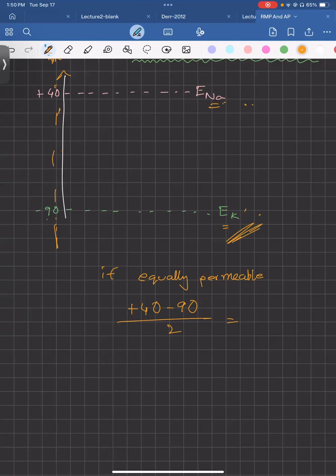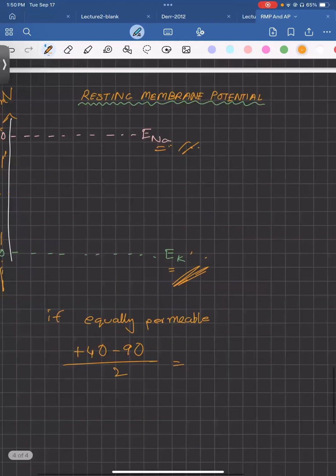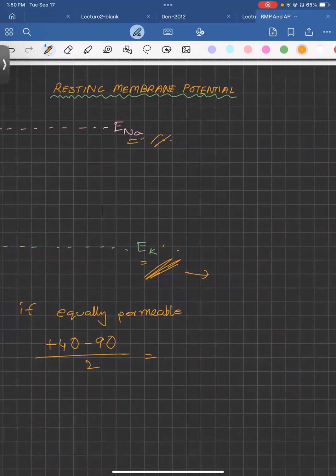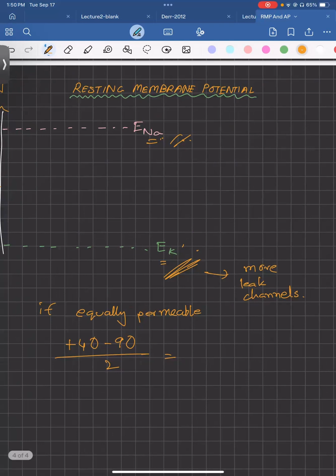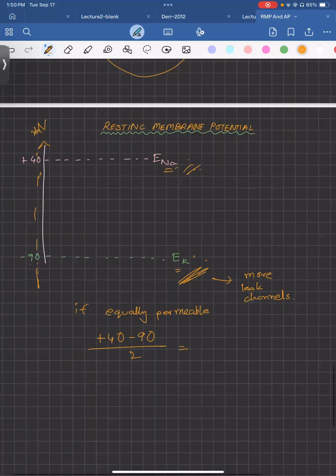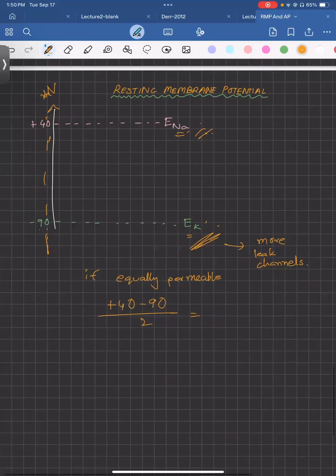Potassium is way more permeable than sodium because it has more leak channels. So it has more channels, so it's more permeable, and it allows the movement of potassium much more than sodium. Which means this average we just did would be a little bit different.